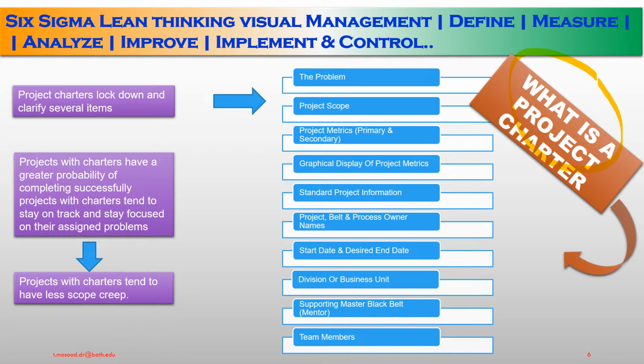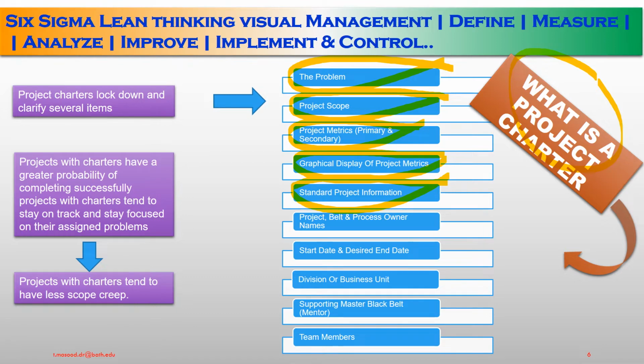First, we need to know the problem statement. What's the problem? That is first. Second, what is the project scope or project boundaries, where you can work and where you cannot. Then number 3, project metrics, primary and secondary metrics. And then we need to demonstrate a graphical display of project metrics, positive, negative, how its deviation is, in order to demonstrate its deviations.